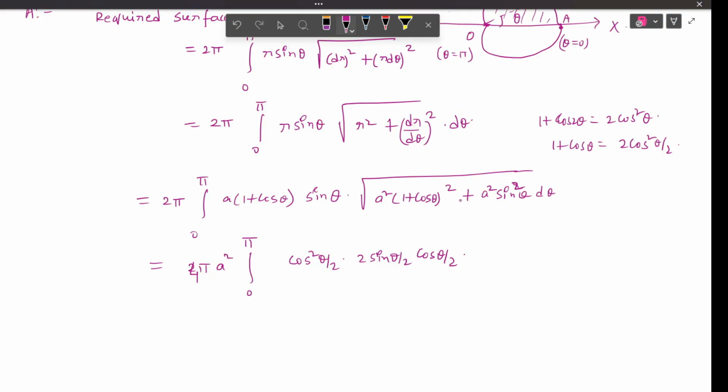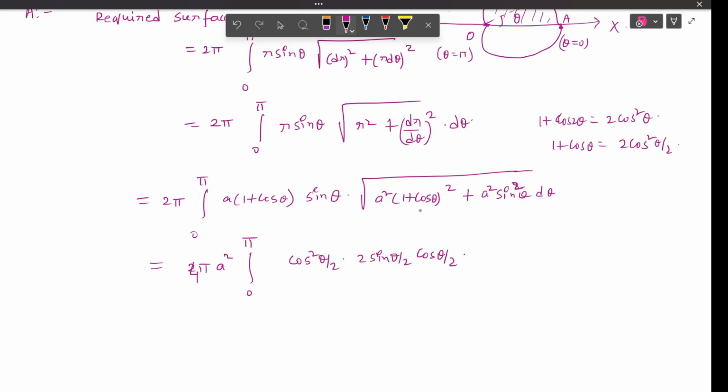And from this we will get, this will be a plus b square, and here we have sin square theta. So it will be 1 plus cos square theta plus 2 cos theta plus sin square theta. And if you take sin square theta plus cos square theta is 1, so it will be 2 plus 2 cos theta.